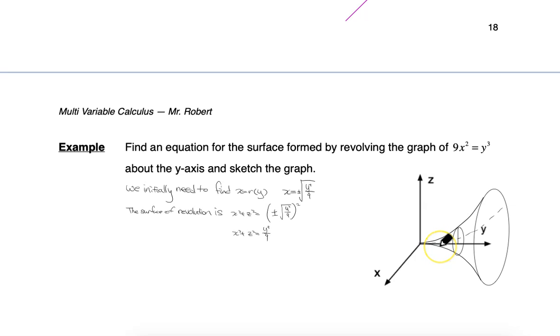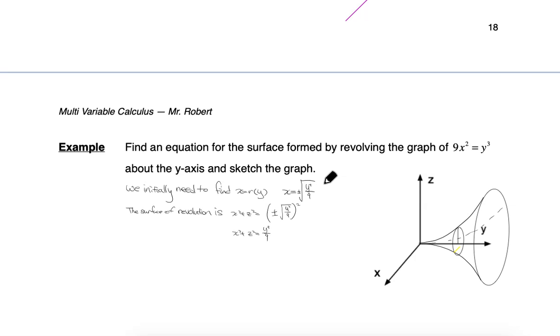Now, I want this to represent my radius. So I would like to find what this is in terms of y. I would like to write it as x equals something. It's easy: x equals plus or minus the square root of y cubed over 9.